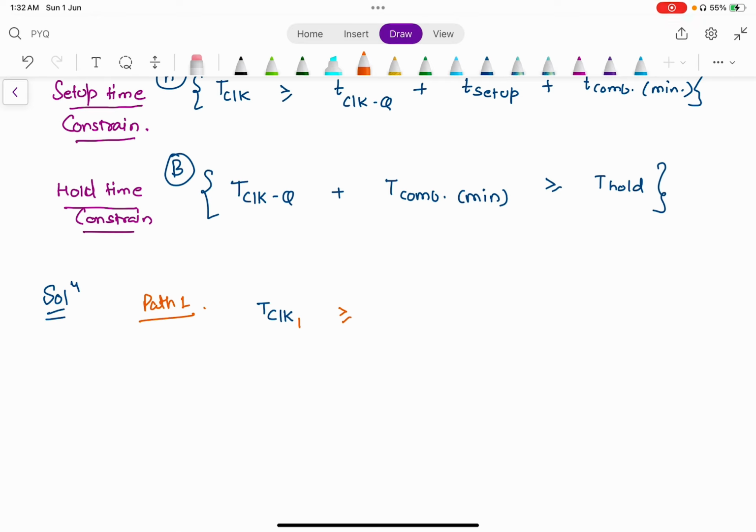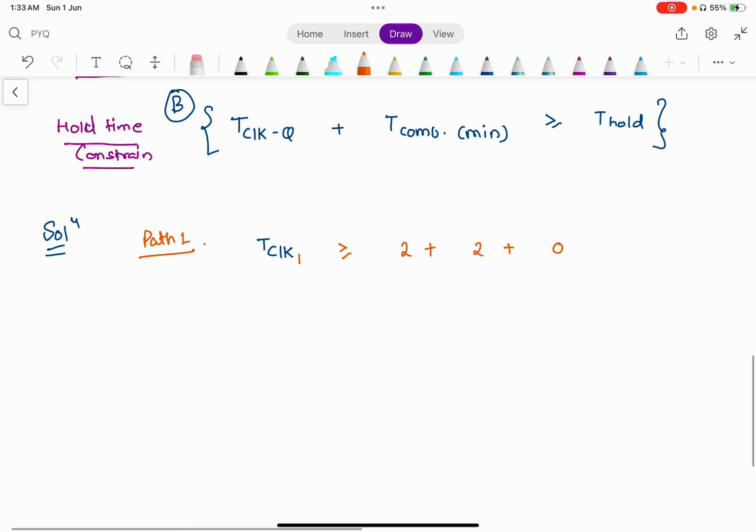T clock to Q time is 2 nanosecond. Setup time is again 2 nanosecond. And the combinational circuit between path 1 is nothing, so we will write 0. So T clock 1 should be greater than 4 nanosecond.